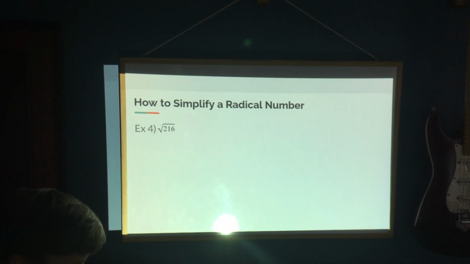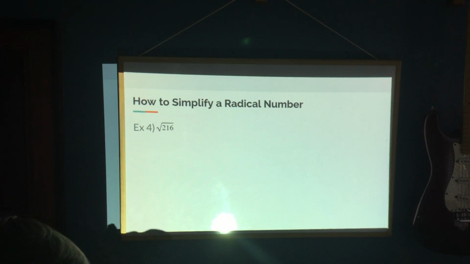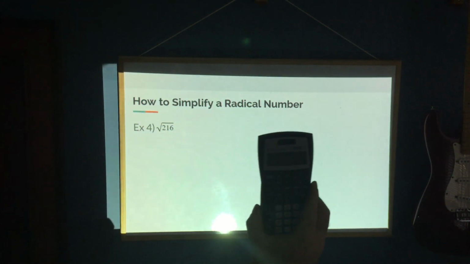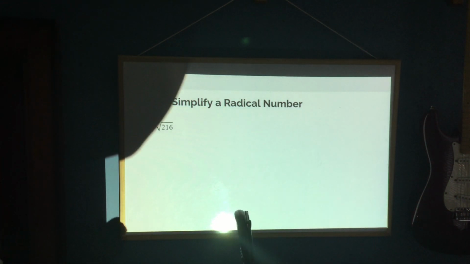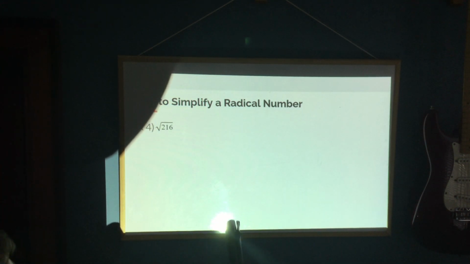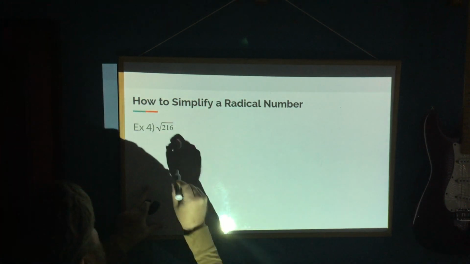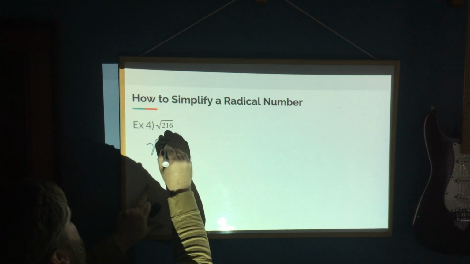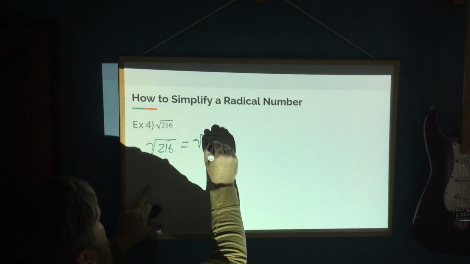Okay, now, I would immediately try 4 because it's even. And according to my calculator, it ends up being 4 times 54. So the square root of 216 equals the square root of 4 times 54.